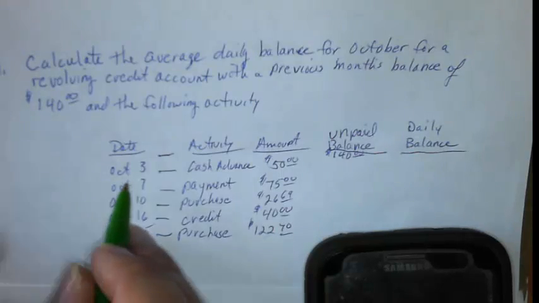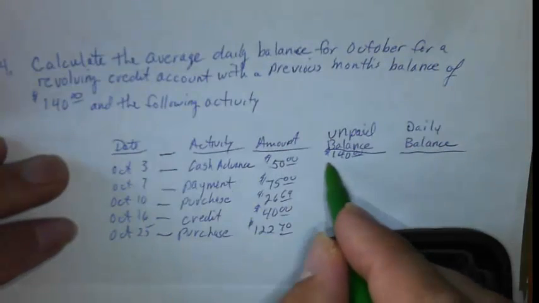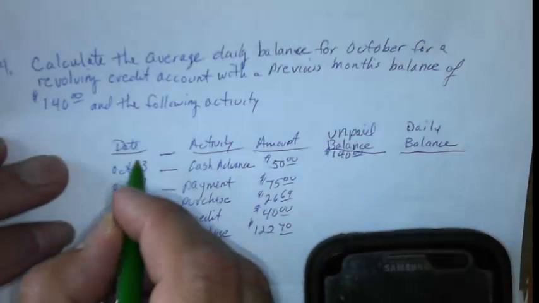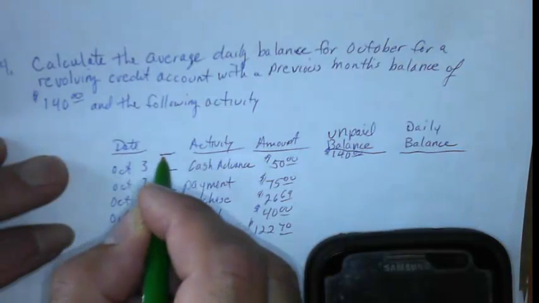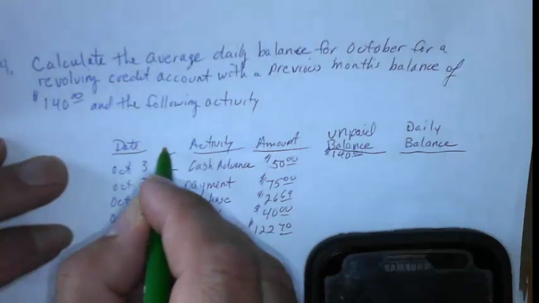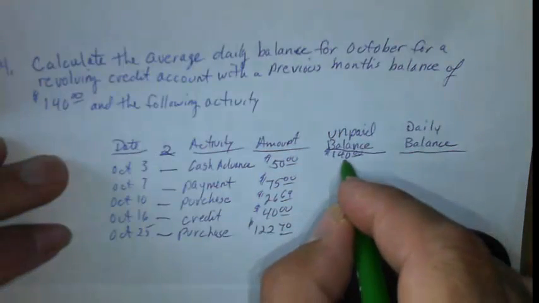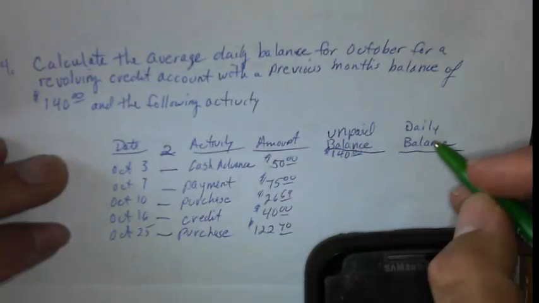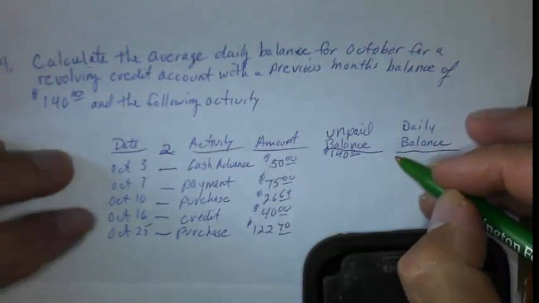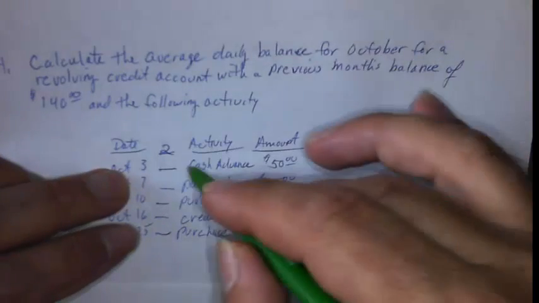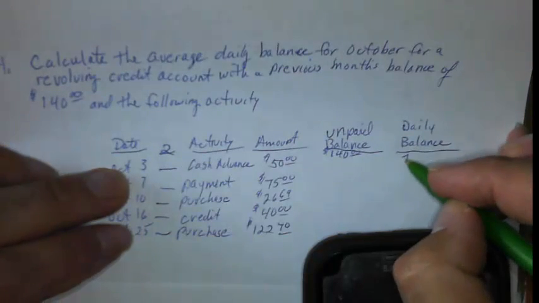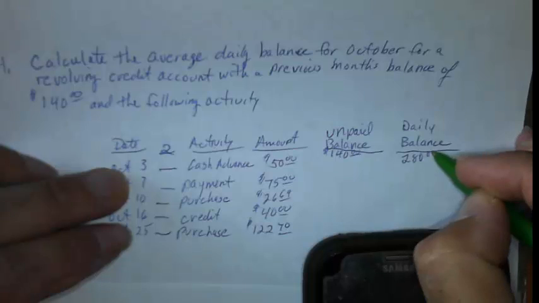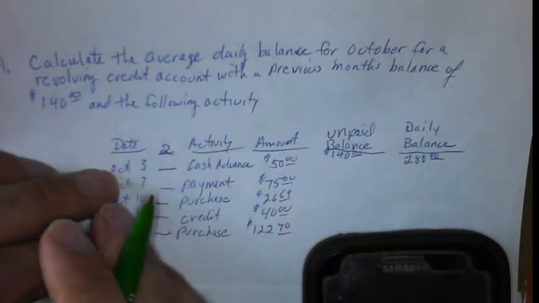Now the exercise starts with October 3rd, but we had an unpaid balance of 140. So on October 1st and 2nd, so for those 2 days, we had an unpaid balance of 140. Now you notice in the text how you do the daily balance is you multiply the number of days by the unpaid balance. So that's going to give us 280 over here.